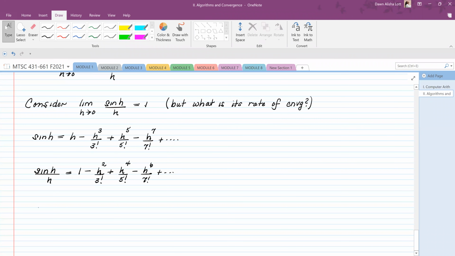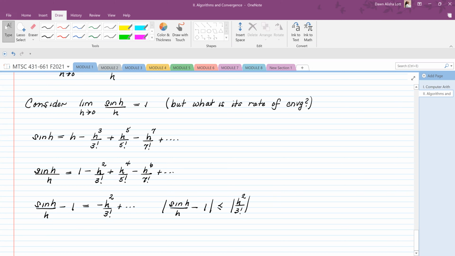Okay, so now the sine of h over h minus 1 is equal to negative h squared over 3 factorial plus dot, dot, dot. So the absolute value of the sine of h over h minus 1 is less than or equal to the absolute value of h squared over 3 factorial.